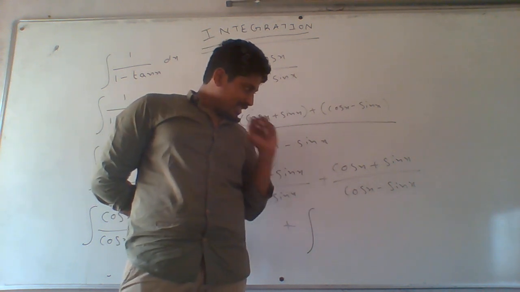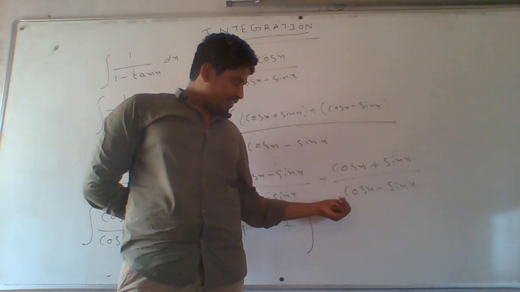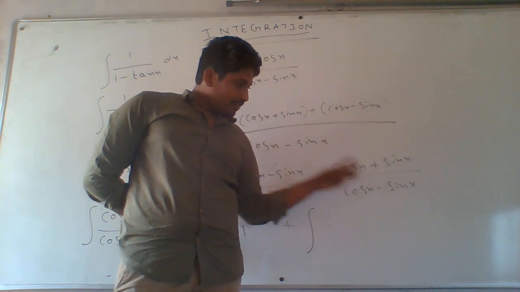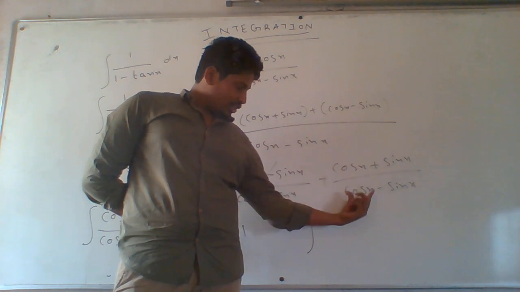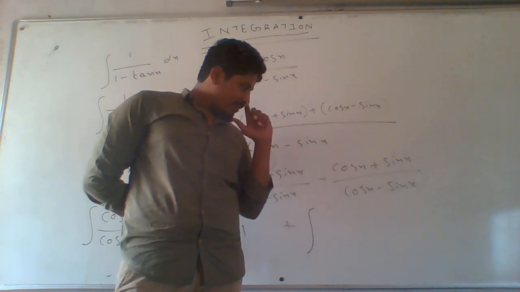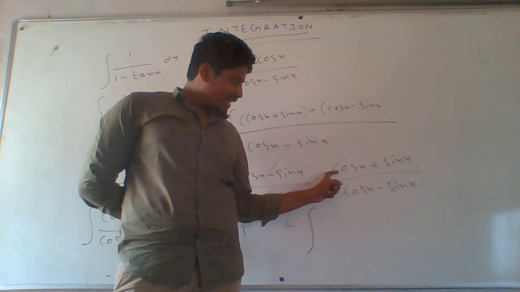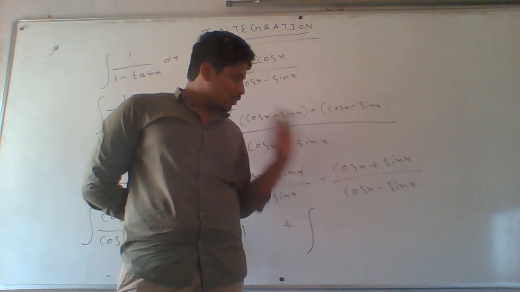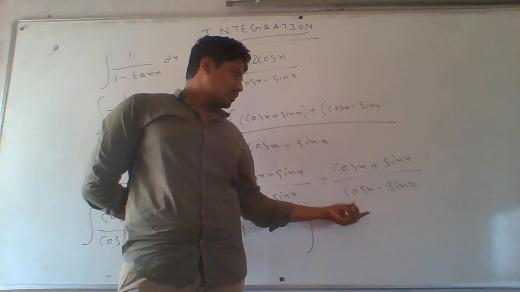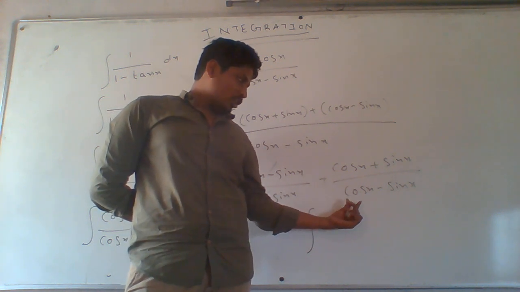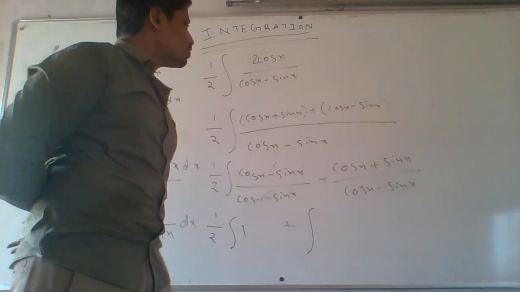For minus sin x it is minus cos x. If we take the denominator as t and do the derivative of this particular thing, taking minus common, we are getting the numerator. So it is easy for us to think of this as t. If you think of the denominator as t, it is easy to solve.